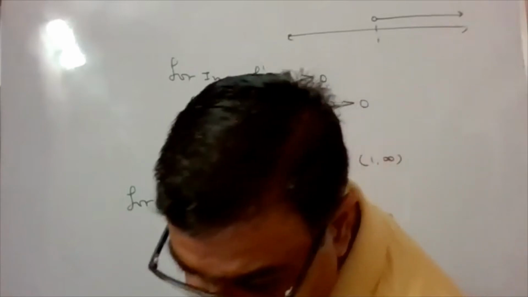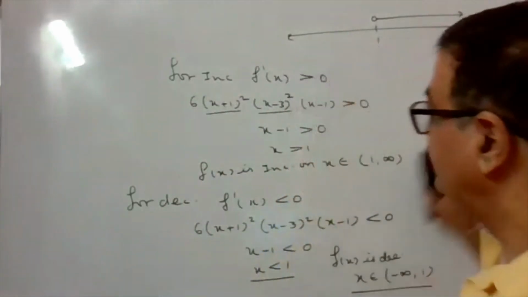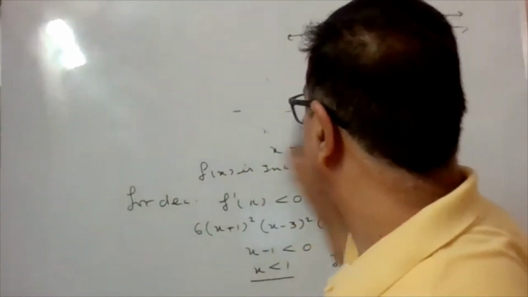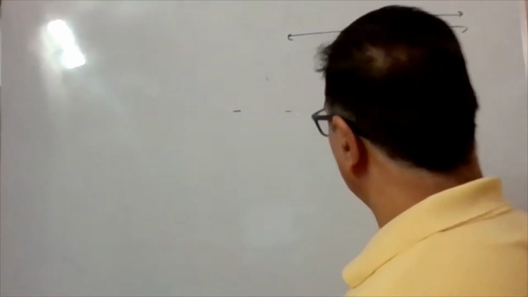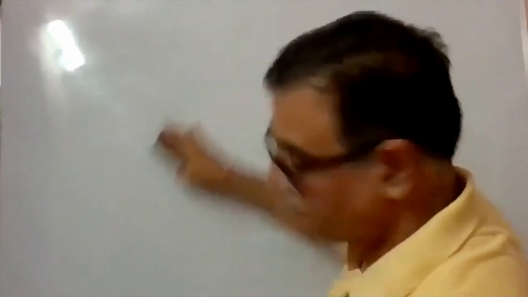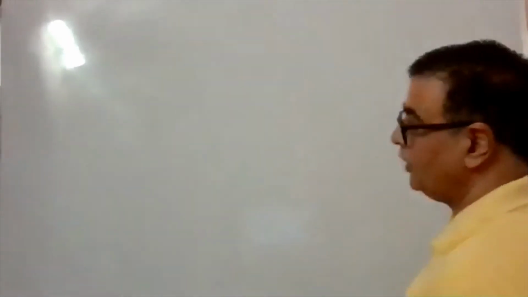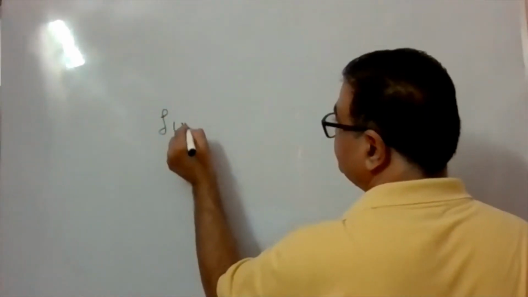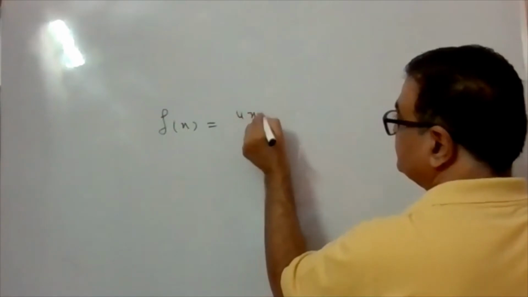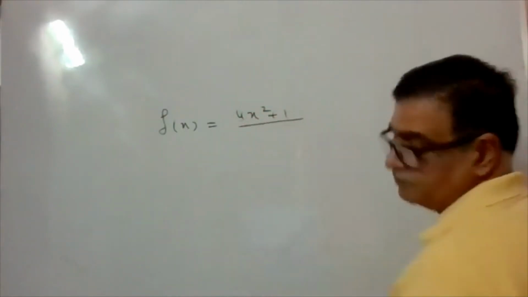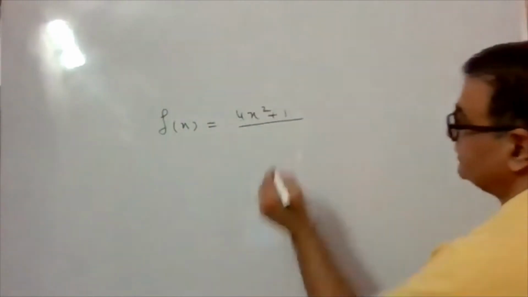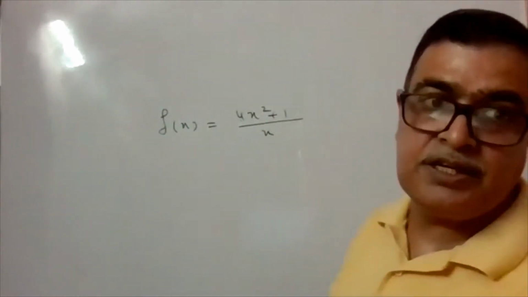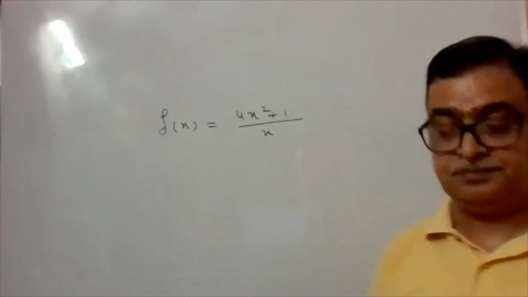Find the interval in which the function f(x) is equal to 4x squared plus 1 by x is increasing or decreasing.